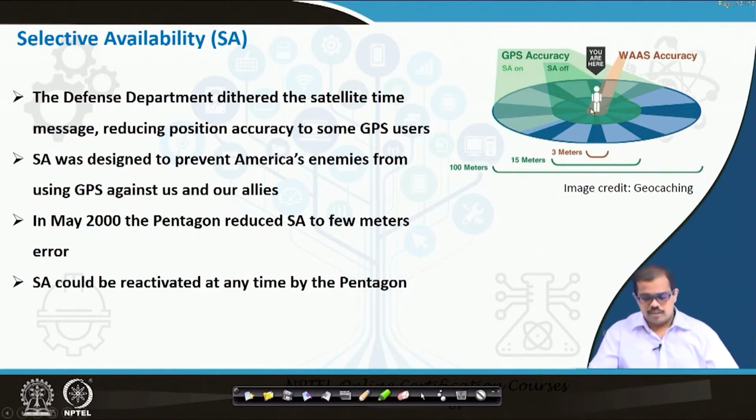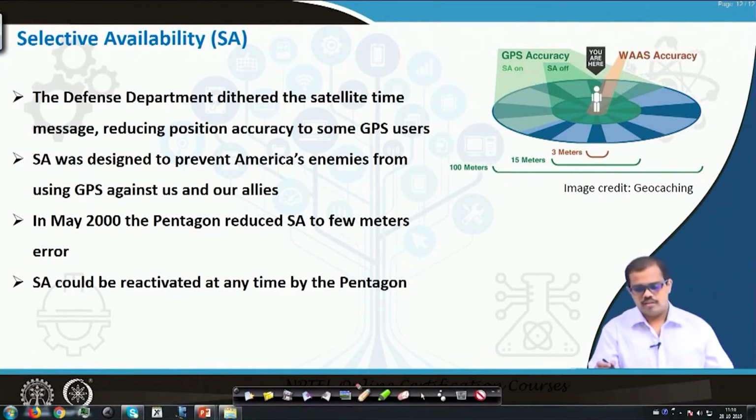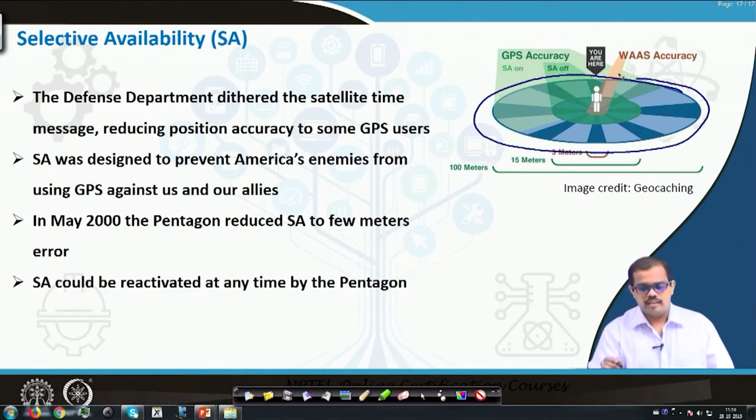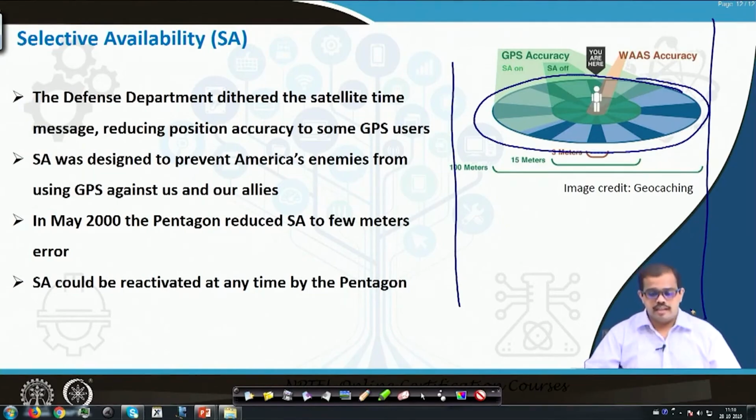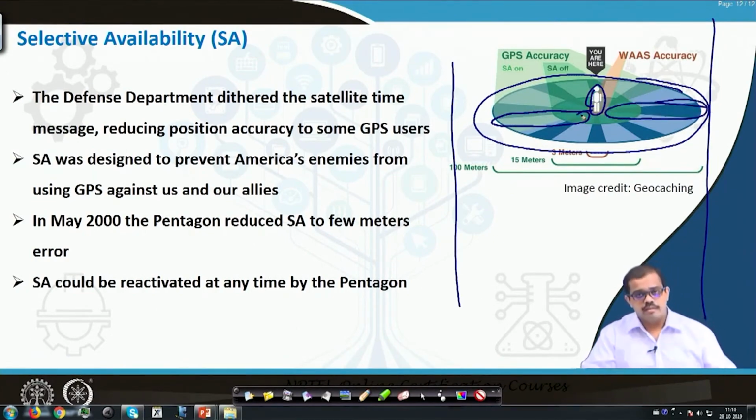And when you look at this particular image here, if we consider this as the entire system that is being tracked, let us say this is the entire region. Now when you have this particular radio signal that is coming here, and let us say that SA is on, or selective availability is on, if your user is somewhere here, his point can be located in this location or in this location.